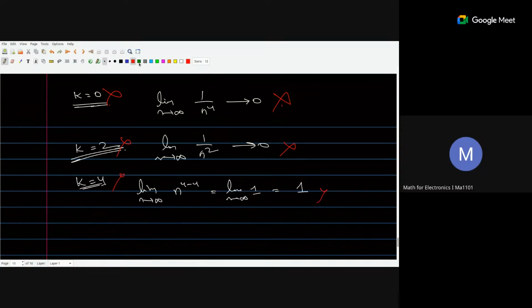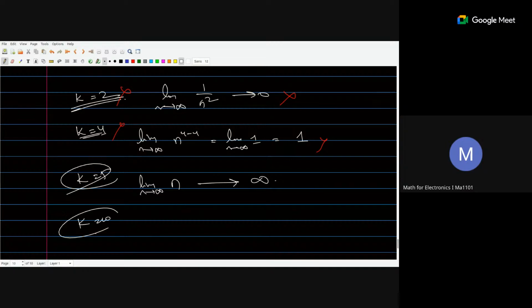Now if I take k as any value greater than 4, it would go to infinity, I guess, sir. Correct. When k is 5, I get n power 5 minus 4, which is n, and as n tends to infinity it goes to infinity. Similarly for k equals 10, n power 10 minus 4 is n power 6, which goes to infinity.